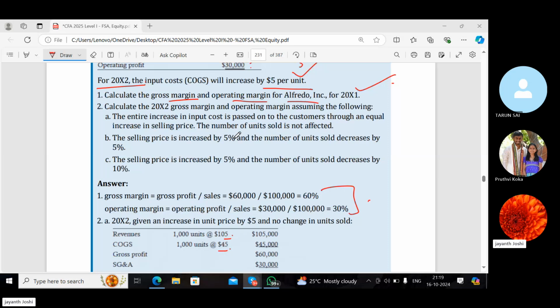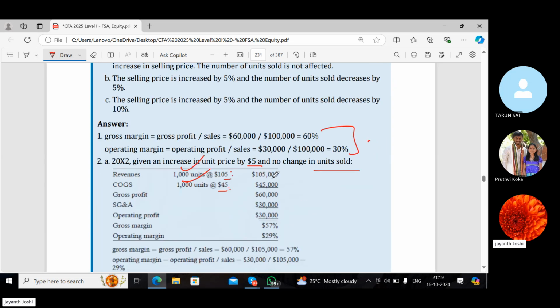And in 2002 we will make the changes. So given an increase in unit price of $5, no change in units sold. Number of units are the same, right? So we increase this, we increase this, and we see all the figures.